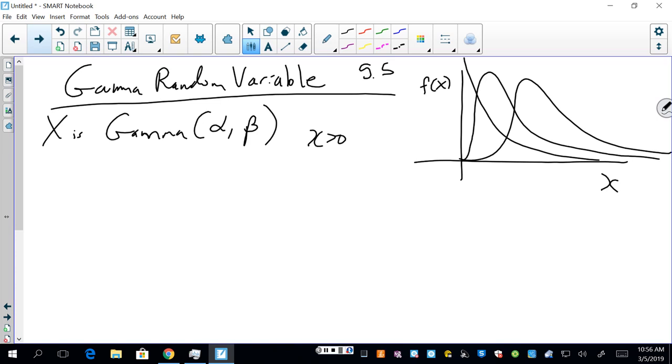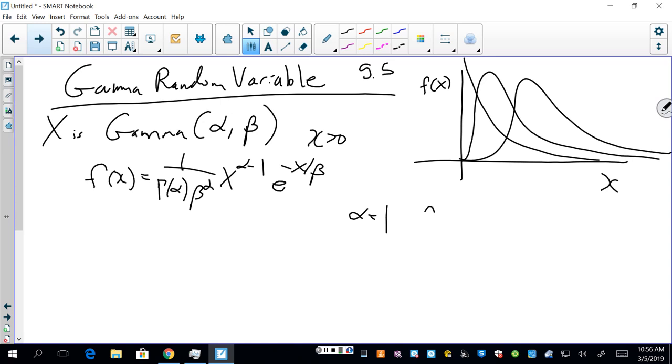The density for this thing, the probability density function, is 1 over gamma of alpha, that gamma function, beta to the alpha, x to the alpha minus 1, e to the negative x over beta. And if we have alpha equals 1, then that density becomes just 1 over beta e to the negative x over beta.